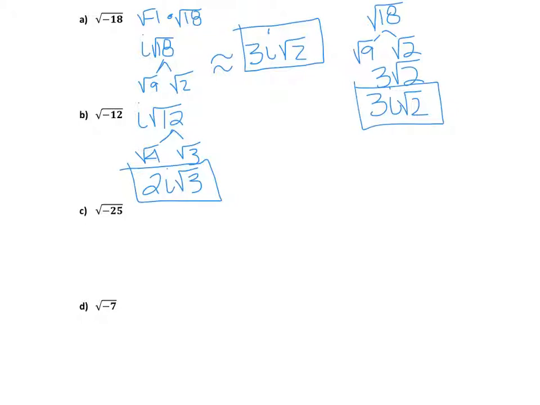Now this one, if I were to have a positive square root of 25, if this were just to say square root of 25, that has a perfect square, it's 5. So here, what I'm going to say is that the negative square root of 25 is not just 5, but it's 5i. And that's my solution.